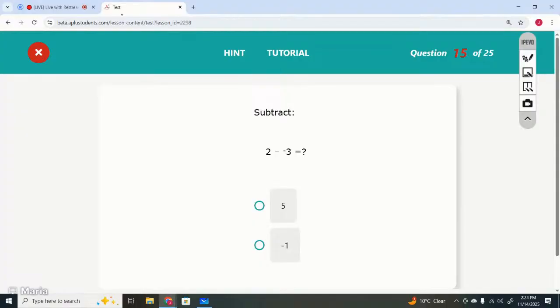Two minus negative 3. Subtracting a negative number is same as adding. 2 plus 3 is 5. Option number 1 is the correct option. 1 plus 5 equals 6. Option number 1 is the correct option.